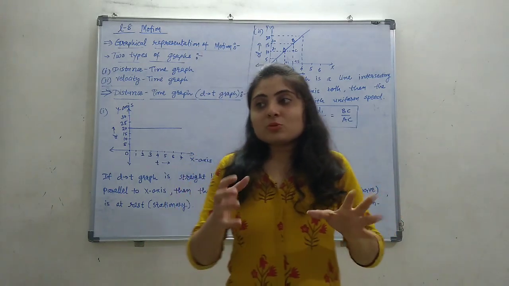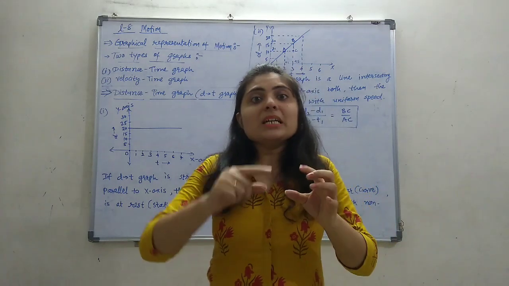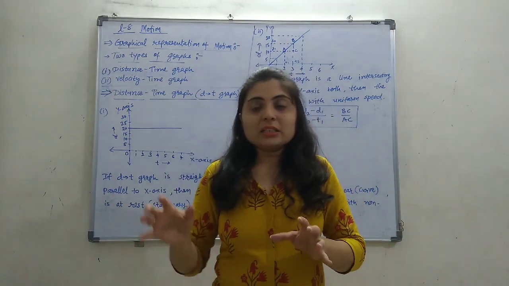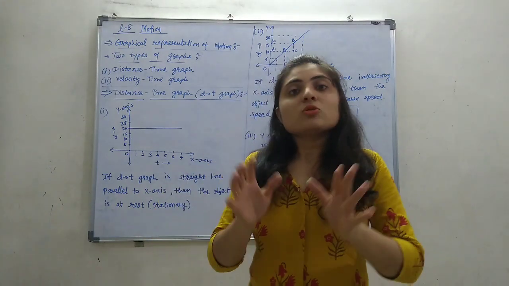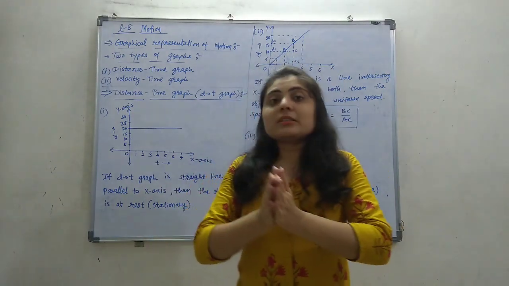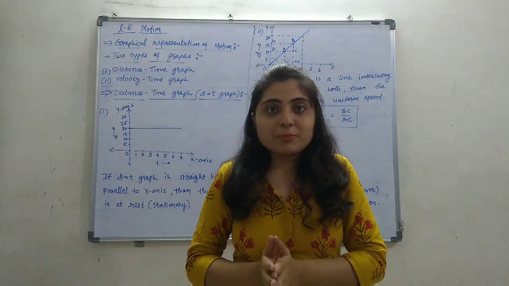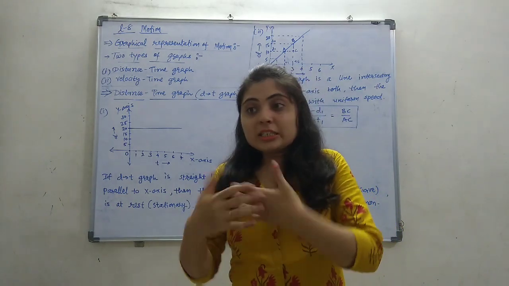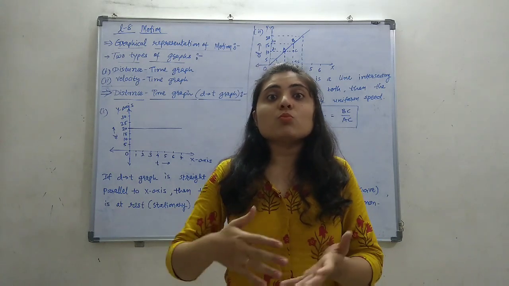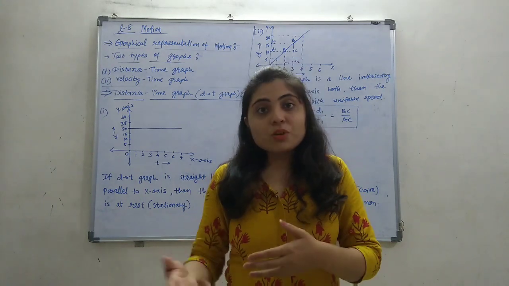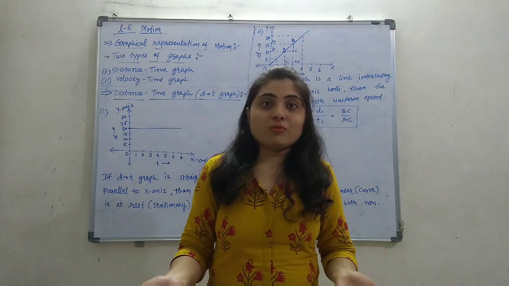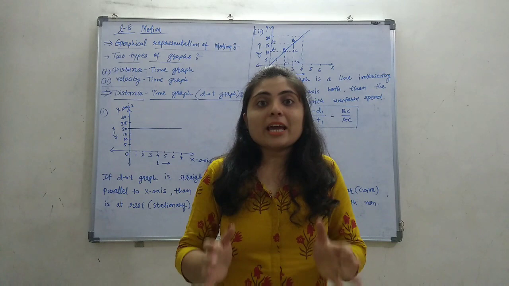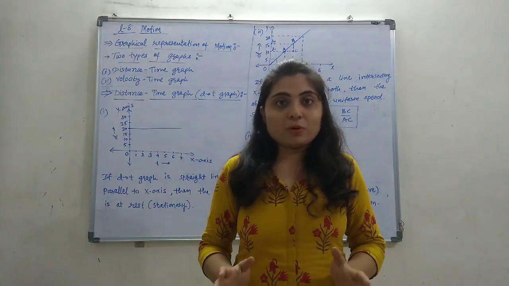The graph is always in line form, and by the shape of the graph we can determine whether the object is moving or not, moving with uniform motion or non-uniform motion. So this basic idea about the motion can be obtained from the shape of the graph.